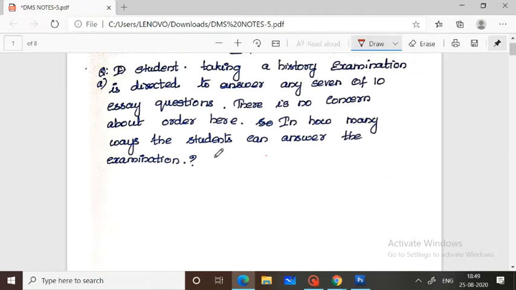We have to select 7 questions out of 10. This is given here: a student taking a history examination is directed to answer any 7 of 10 essay questions. There is no concern about order here. That means ordering is not important.